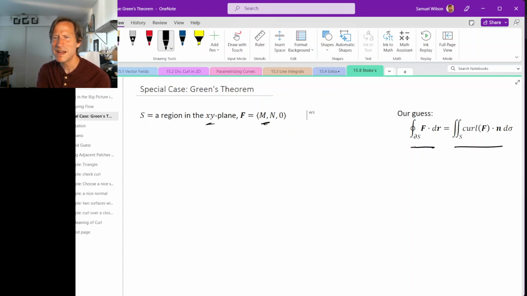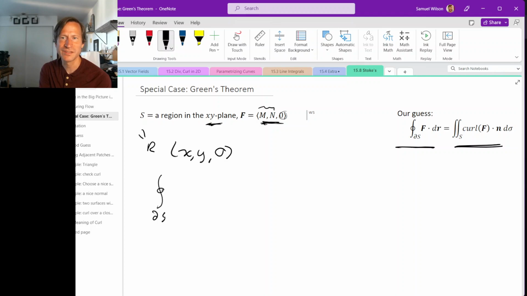But if we write out both of these in the special case where our region is in the xy plane, so I've called it S, but this is really a region in the xy plane that looks like a bunch of points x, y, 0. And if our vector field has no z component, so it's really a 2-dimensional vector field, but somehow sitting in 3-dimensional space, then the integral around the boundary of our surface is, in the xy plane, the usual line integral.